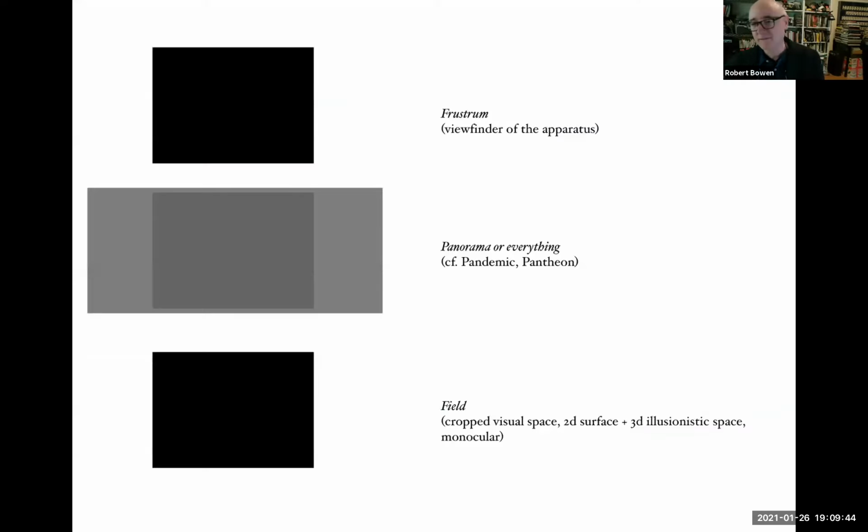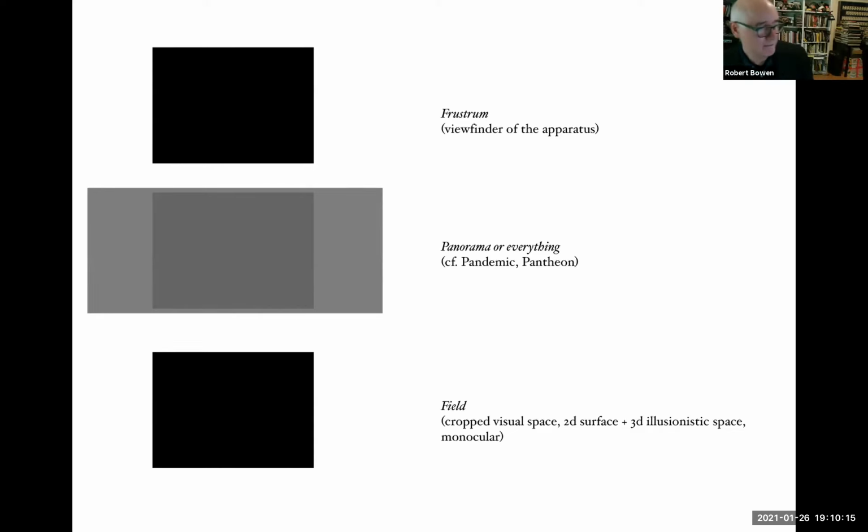All right, here's the serious part. I talked about this last week a little bit. At the top, we have this thing I'm calling the frustum, which is the bisecting of the cone and leaving this user interface, which is also the viewfinder of the apparatus, meaning the camera.